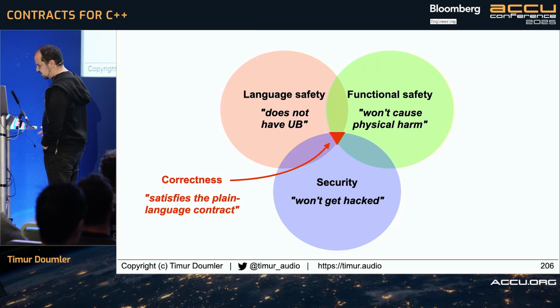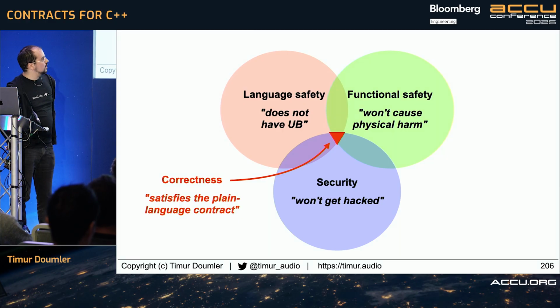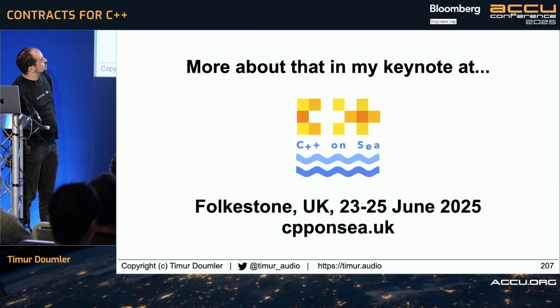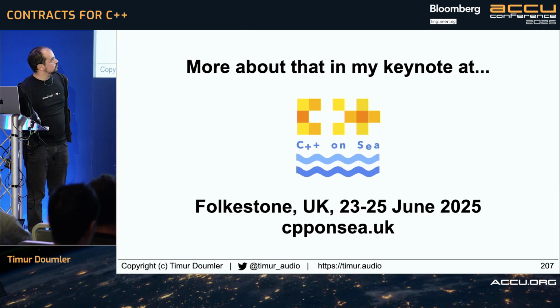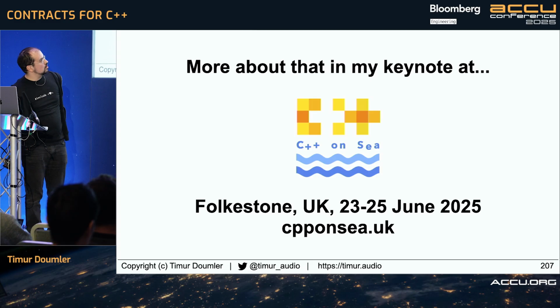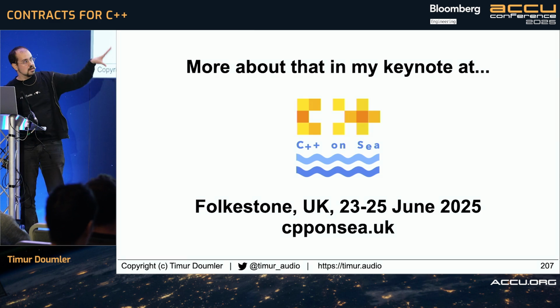That's a very deep topic. That's going to be a whole talk on its own. I will actually attempt to give this talk. I have a keynote at this other wonderful conference, CPP on C, coming up in June. And I will be talking in a lot more depth about that kind of correctness, safety, security stuff, and how contracts fit in there.